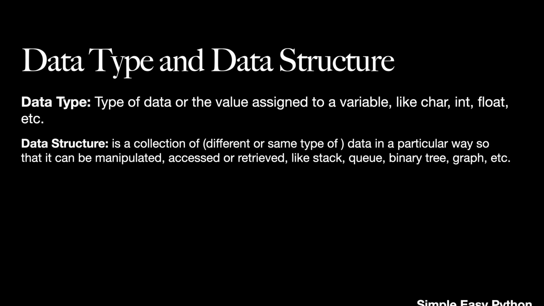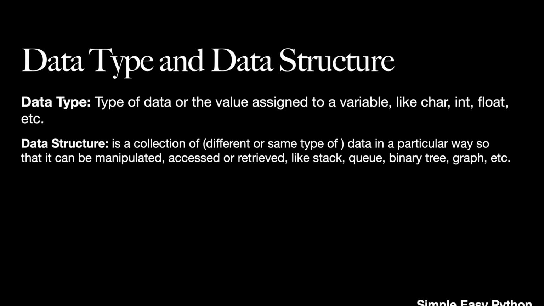Some of them may be heterogeneous and some of them may be homogeneous. So a data structure is a collection of data in a particular way so that it can be easily manipulated, accessed, retrieved, and certain operations can be carried out on it. Some examples are a stack, queue, binary tree, graph, etc.